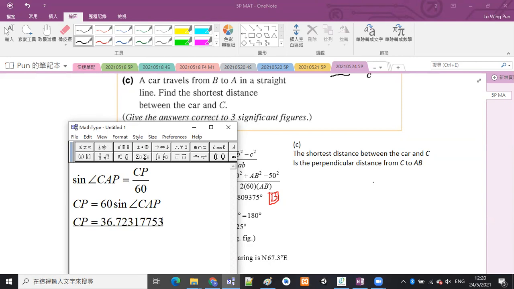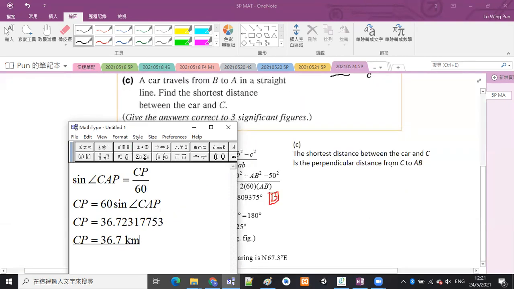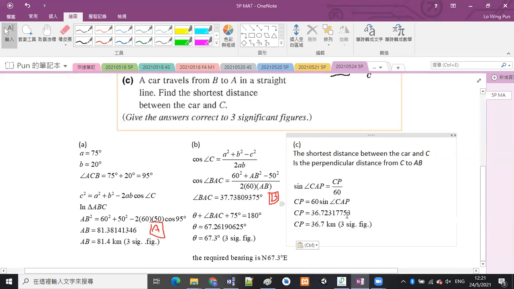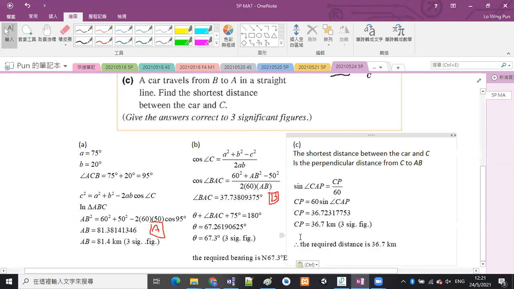Okay, and this will be the final answer. So we need to correct this to 3 significant figures, 36.7. And the unit is km. Is it km? Yes. Okay, this number is correct to 3 significant figures. Okay, and just write down the conclusion. Therefore, the required distance is 36.7 km.